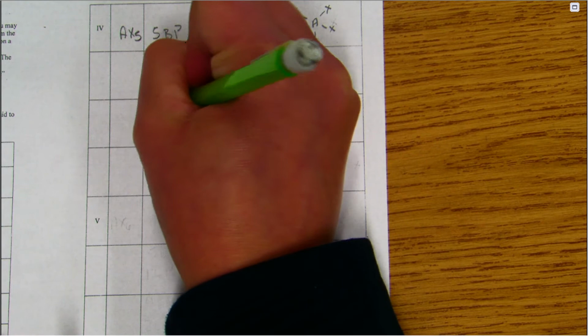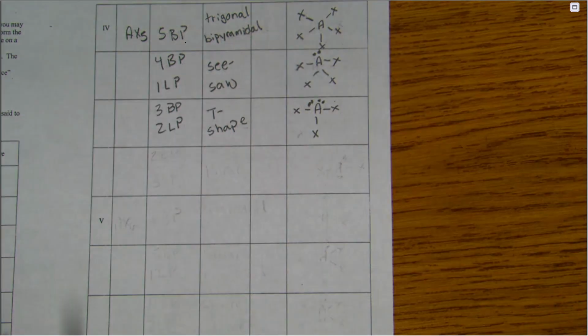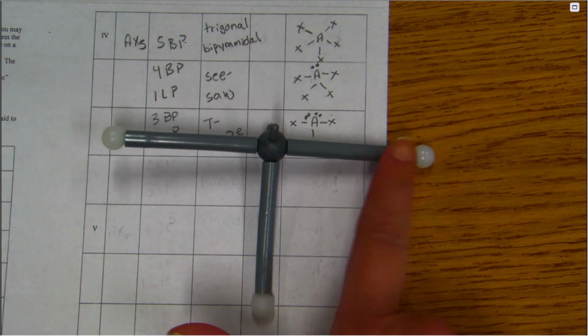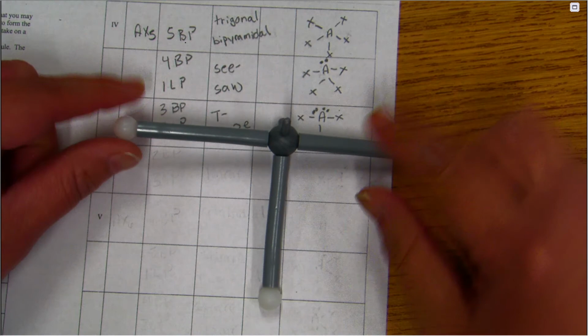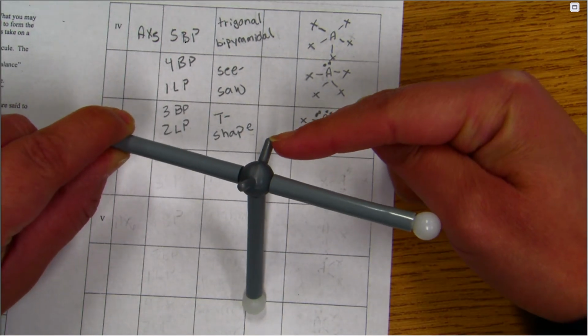This has a T shape, and we're going to draw it something like this. The reason we call it a T shape is because it legitimately has a T shape. So we have our 3 bonding pairs and then our 2 lone pairs.